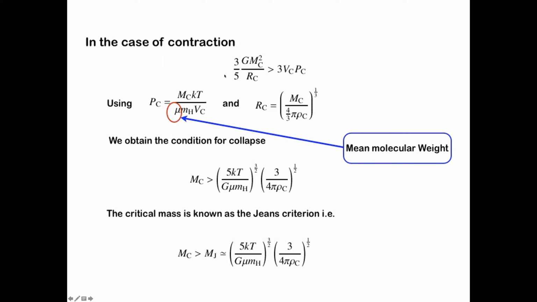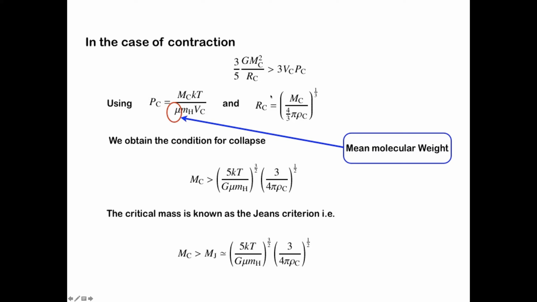So you have here the gravitational term that is now larger than the pressure term. In this case, your cloud is contracting. So now the question that we are trying to answer is, when this part here is larger, what is the mass of the cloud above which the cloud will contract?